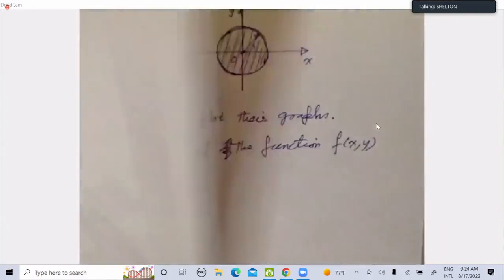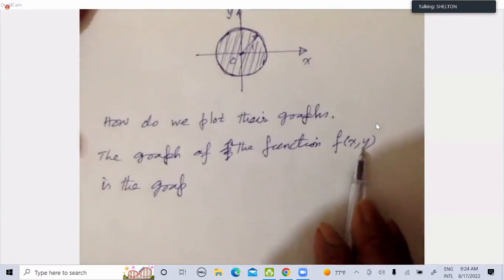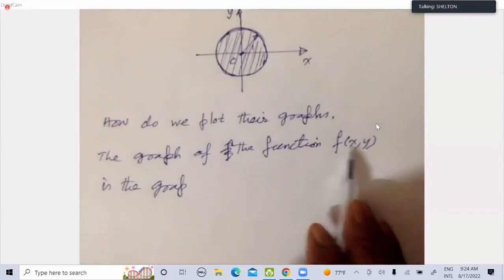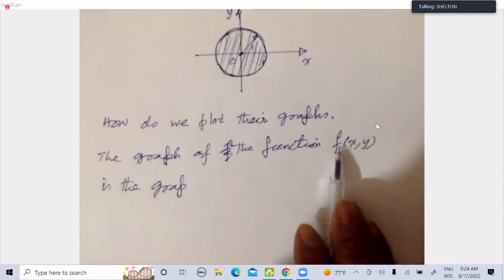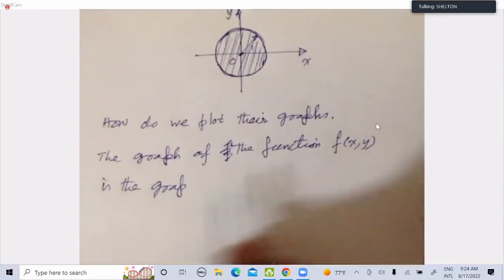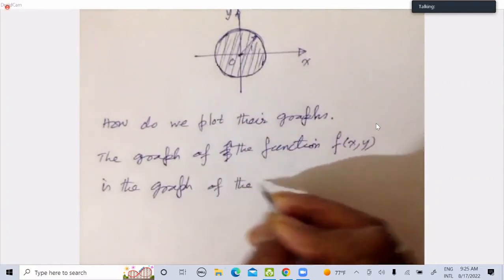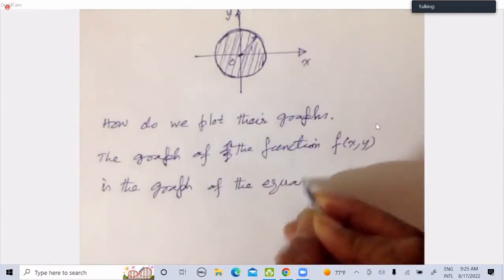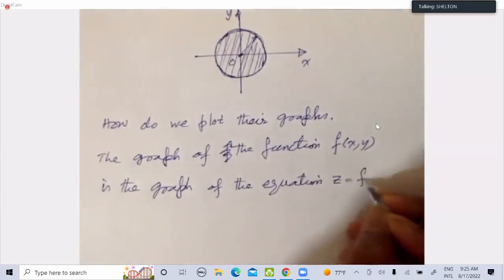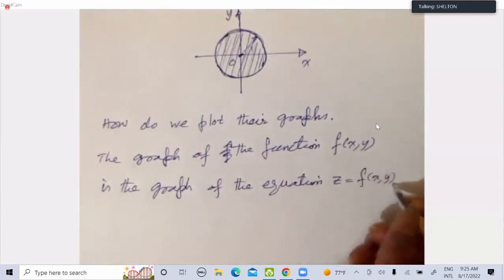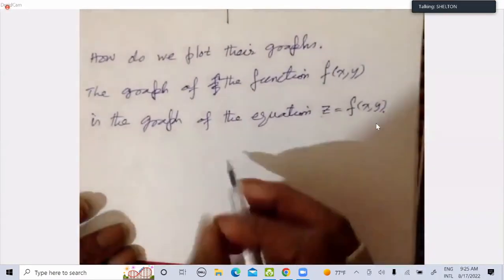Now, if it is a function of two variables, x comma y, input takes two real numbers. So we need two axes, x-axis and y-axis, for the domain of the function. It is the graph of the equation z equals f of x, y. What is this z? The graph of the equation z equals f(x, y).